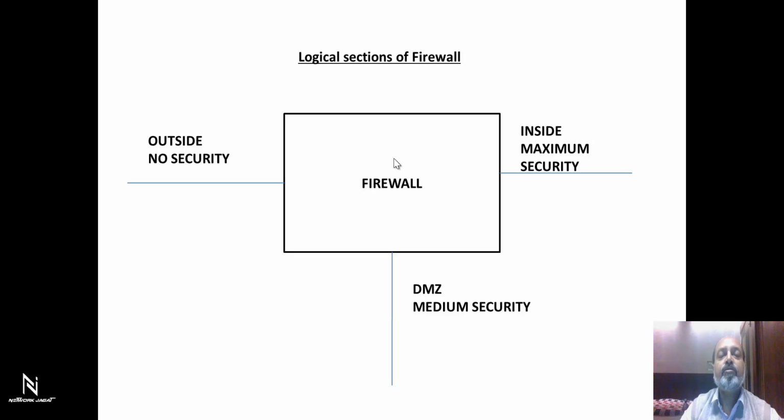Can water rise from bottom to top? Definitely not, unless we use a pump. But at the same time, we can easily see that water flows from top to bottom, and we don't need any pump in that situation. Here also the same thing happens. The inside zone is a high security zone, and here the level is considered in terms of security.